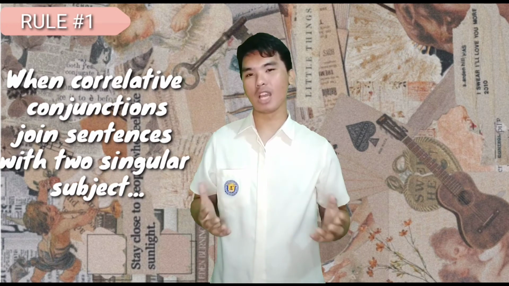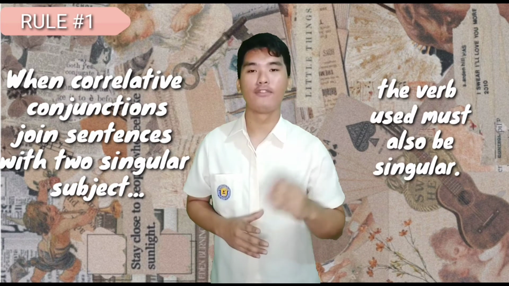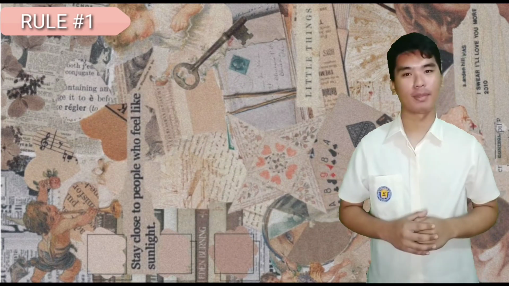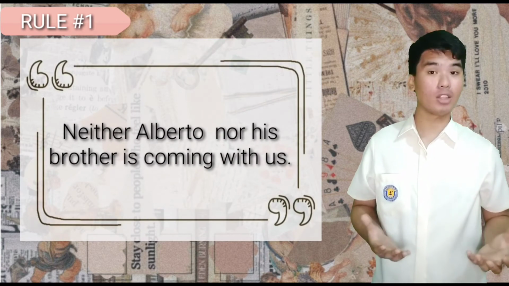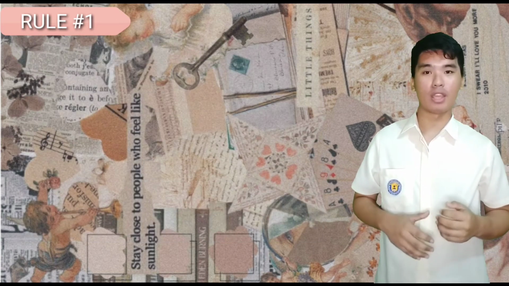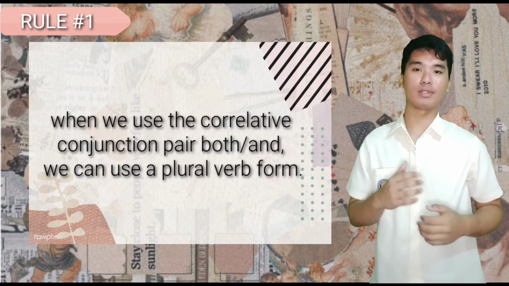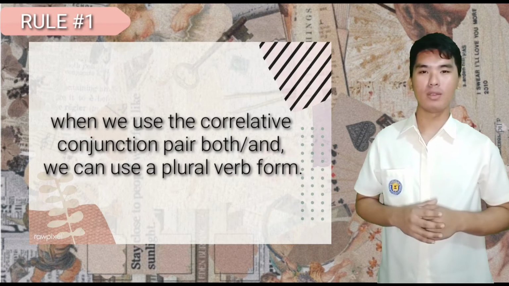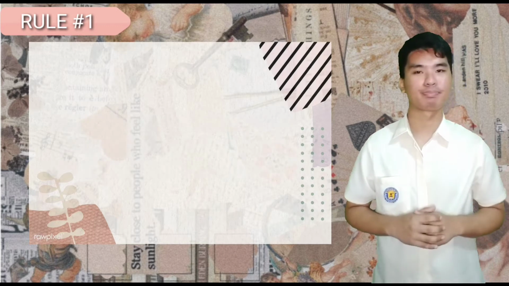When correlative conjunctions join sentences with two singular subjects, the verb used must also be singular. Example: neither Alberto nor his brother is coming with us. However, when they use the correlative conjunction pair both and, we can use a plural verb form.